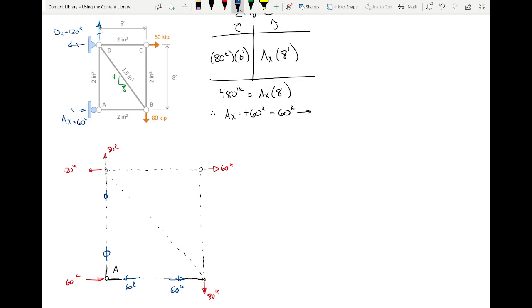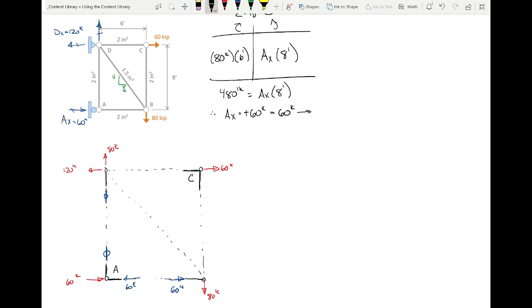That's joint C. So somebody tell me what's going on with that vertical member. 0 force member. What's going on with this force? 60 kips to the left. See, this isn't so bad, right?